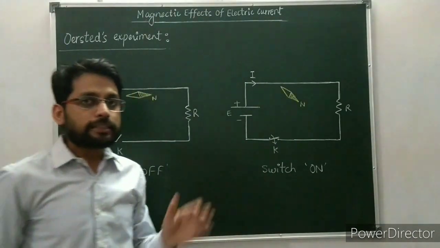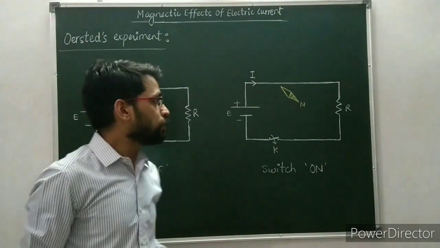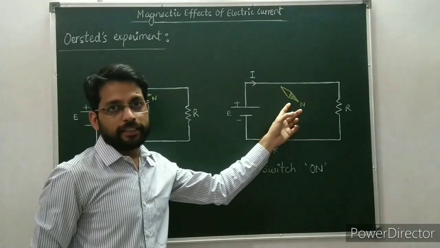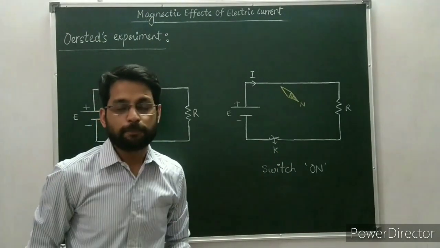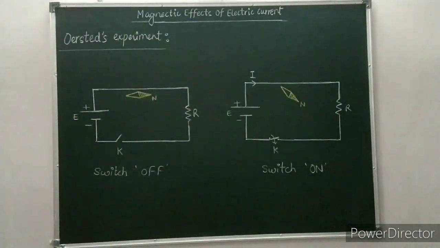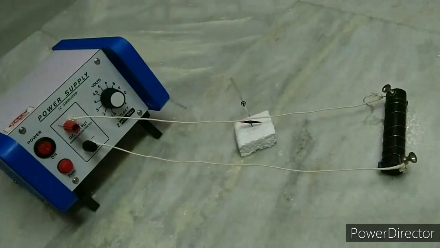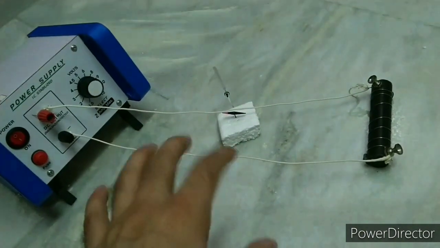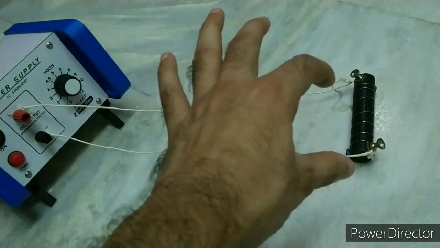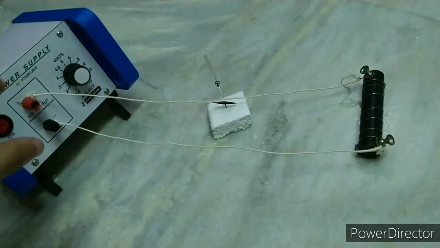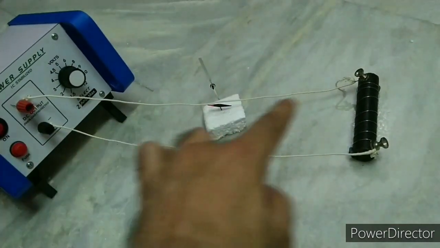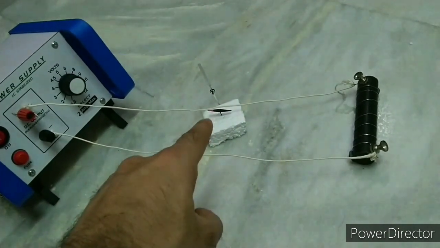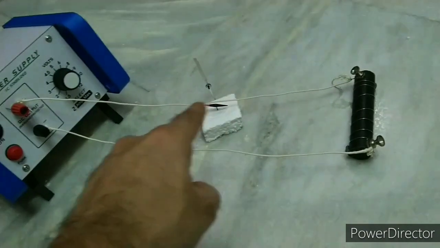Now I'm going to show you the same experiment, in which you will see how the electric current deflects the magnetic needle. Just watch it. So here is the setup to observe Oersted's experiment. We have a resistor connected across a power supply through conducting wires, and a magnetic needle kept just below the conducting wire.